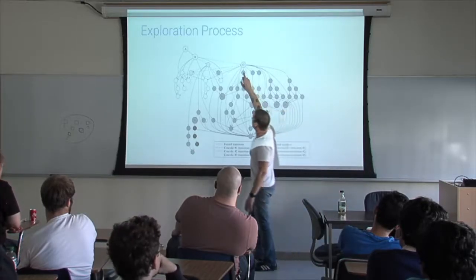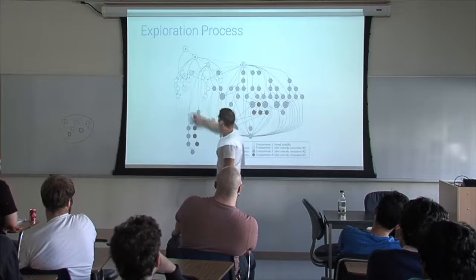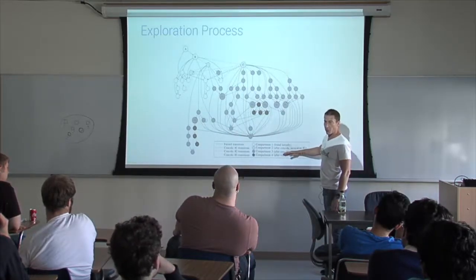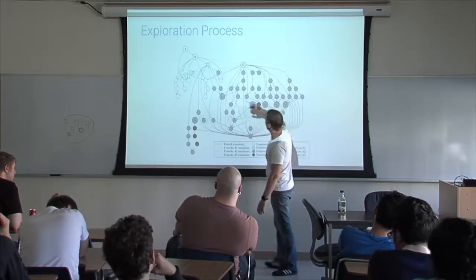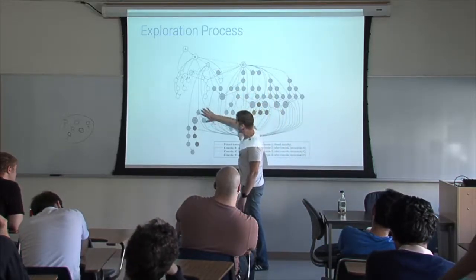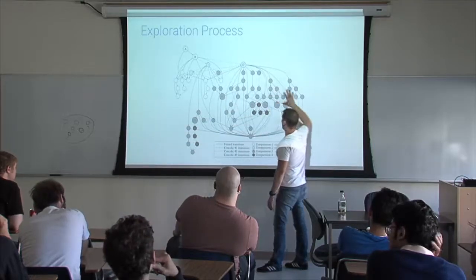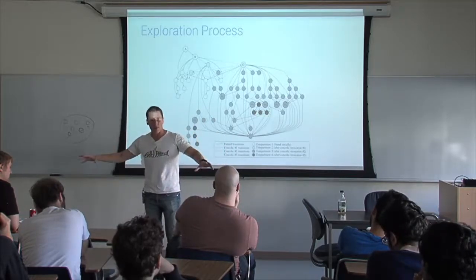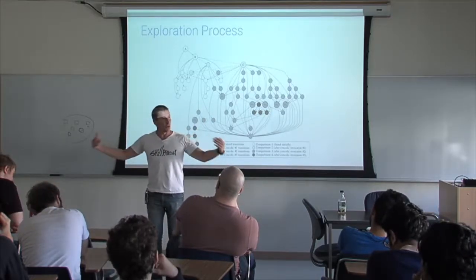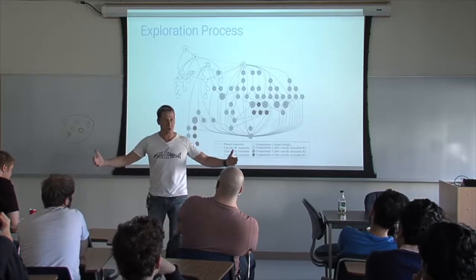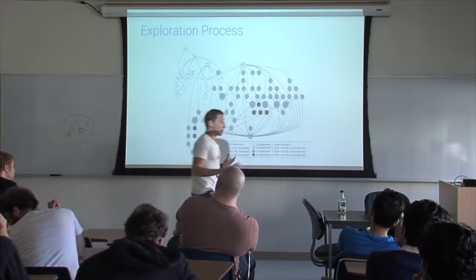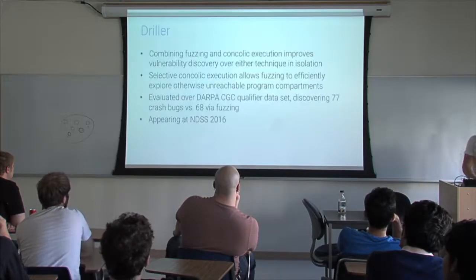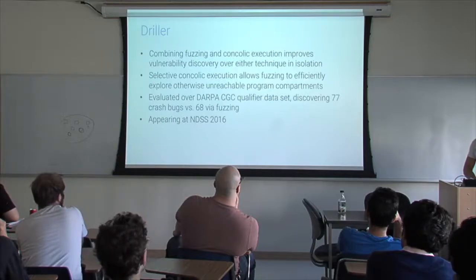And you got a few other nodes here, and we're stuck again. Let's do another invocation of the concolic execution or symbolic execution. And then look, all this other gray stuff was discovered. And you can see how you really have waves in which you use AFL to find out about code. Whenever you're stuck, you use symbolic execution to break the barriers and get in other parts of the code and increase your coverage substantially. So, well, this is appearing in NDSS 2016.